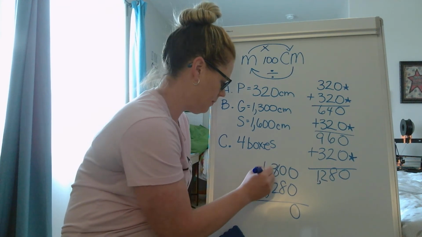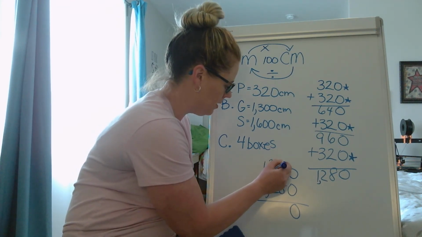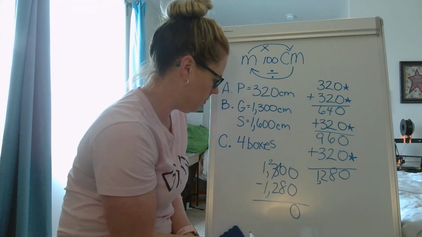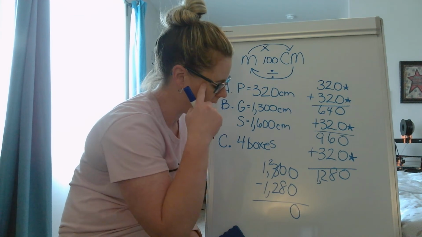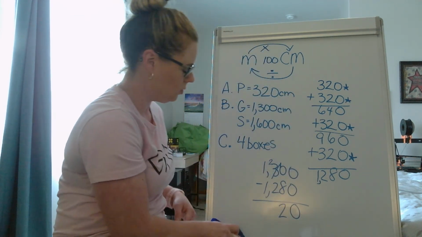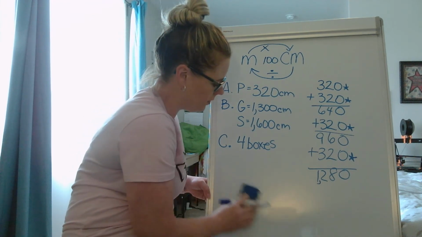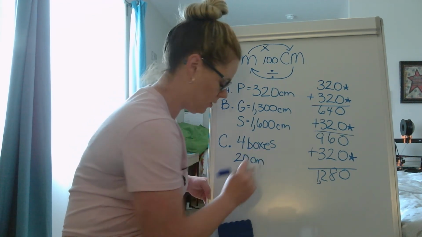Here we're going to have to borrow because of 0. So 3 becomes a 2. Bounce that 1 over. So now we have 10 take away 8. So 8 in my head, 9, 10 to count on. I counted on 2. So 20 centimeters are left over.